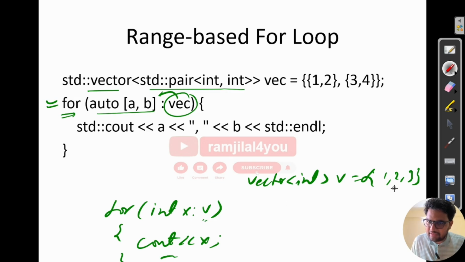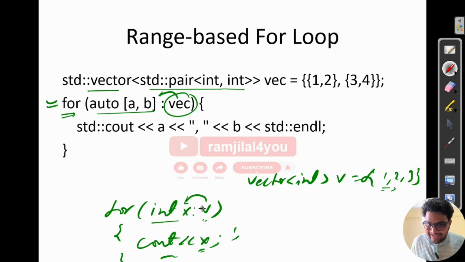Now this vector is having 1 2 3. What will happen? This integer x will contain the first element. From the vector, the 1 will get copied to x, and then we will print x here, 1.